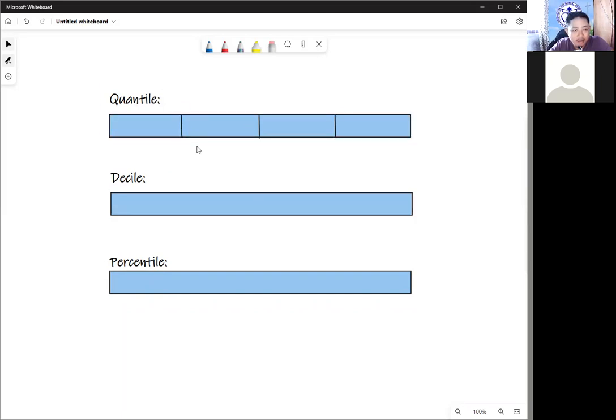So we have here the first quartile, quartile 1. We have our second quartile, or what we also call the median. Median is the middlemost value of our given set of data.